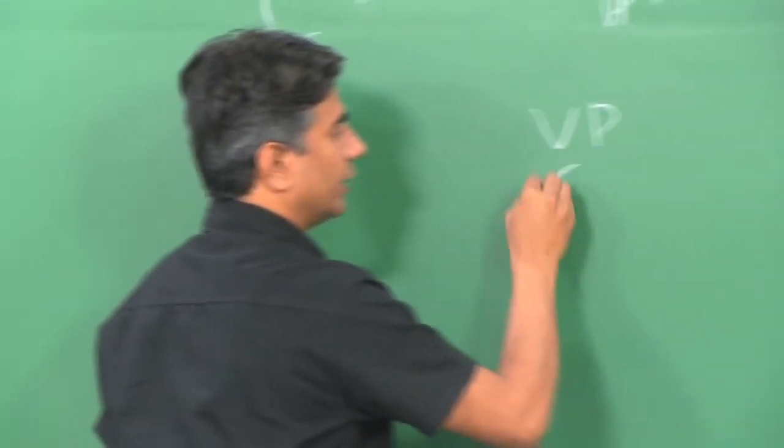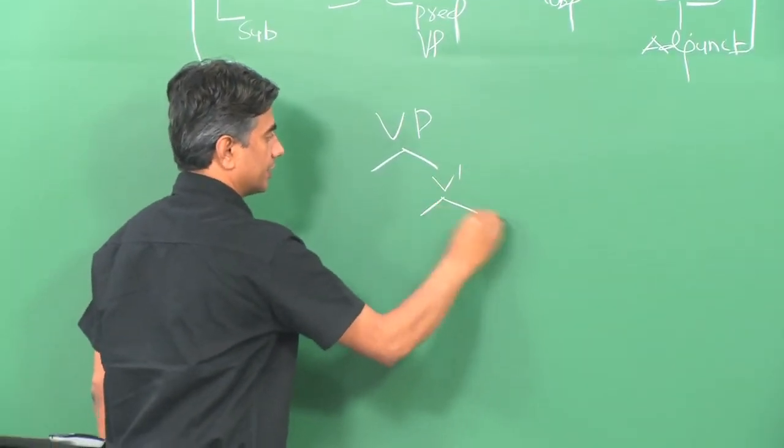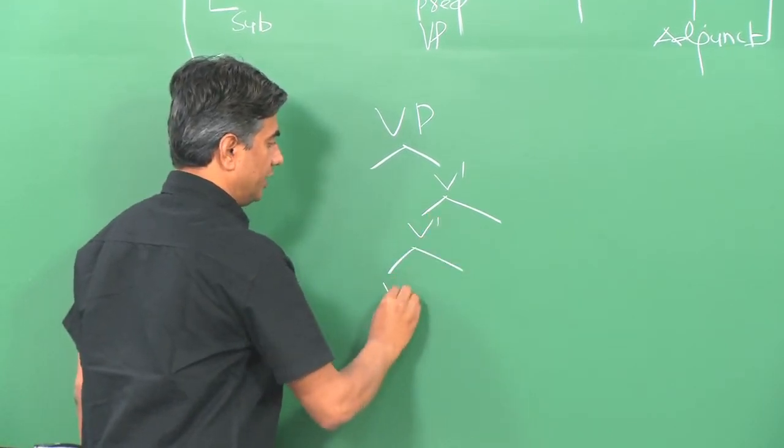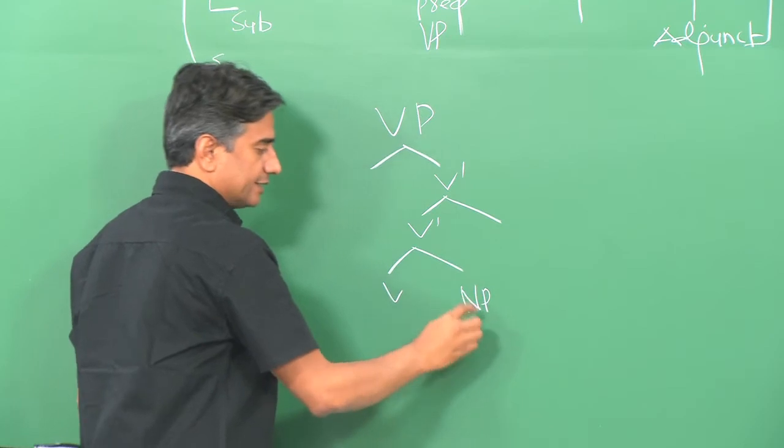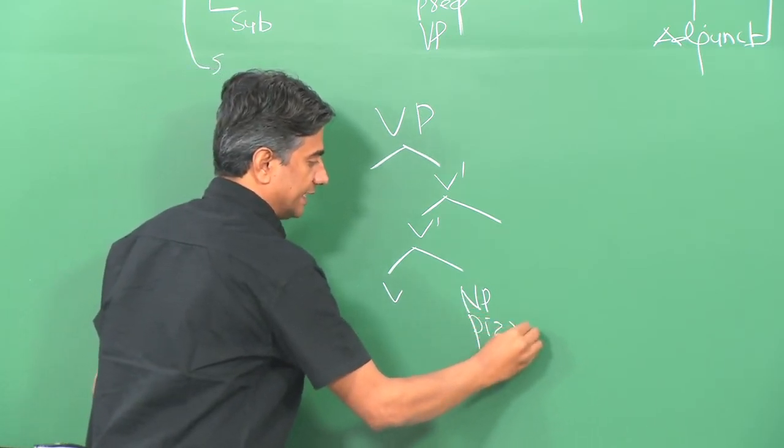Structurally, we know that complements of the heads are in a sister relationship. That is, they are two parts of the same node. One node branches into two parts, and one is the head position, the other is the complement position. So in this structure, when you have VP, we have V and NP. Here is the complement pizza that we see.